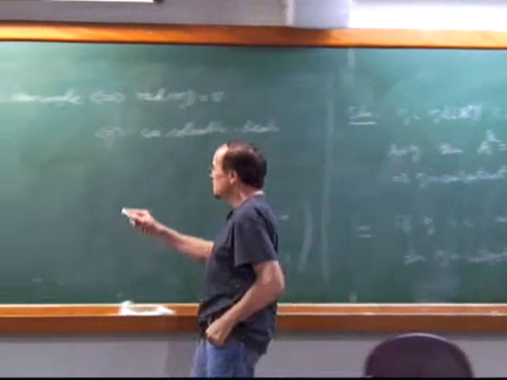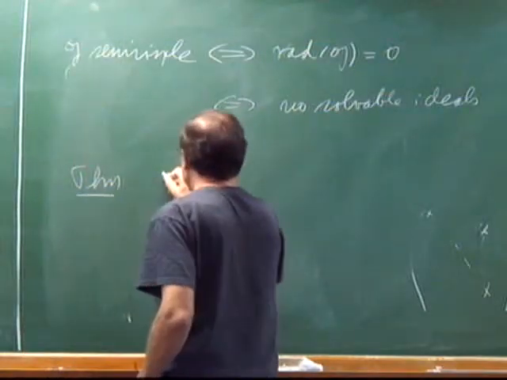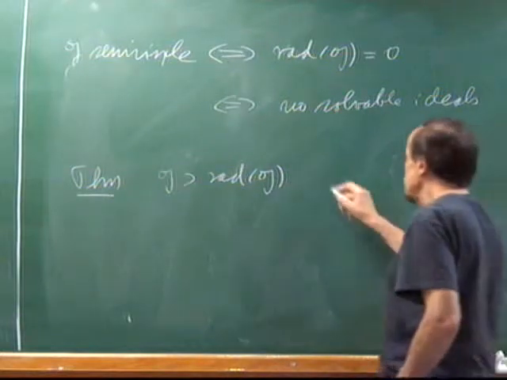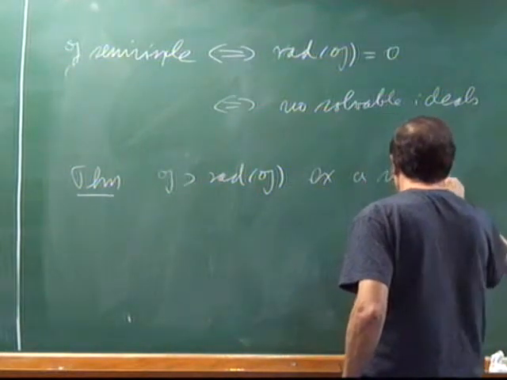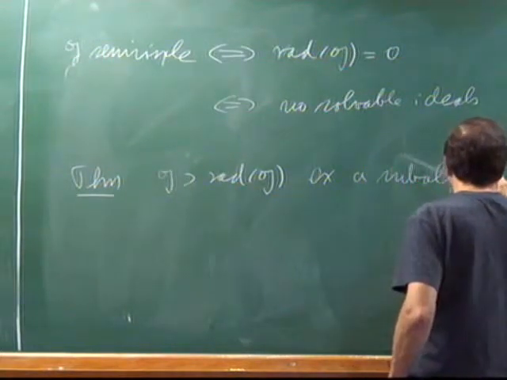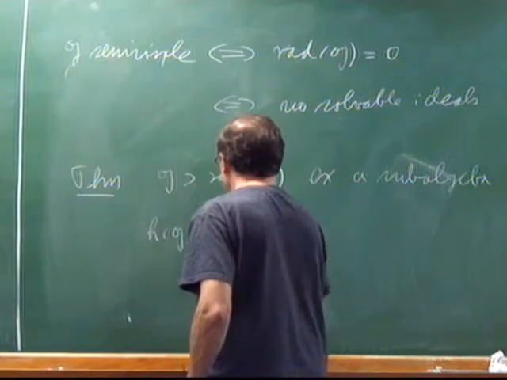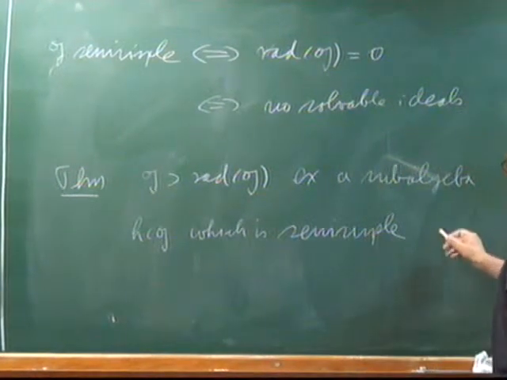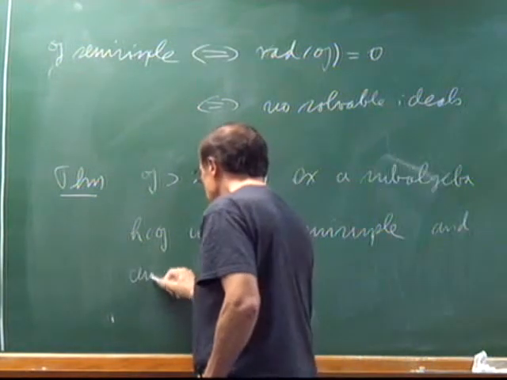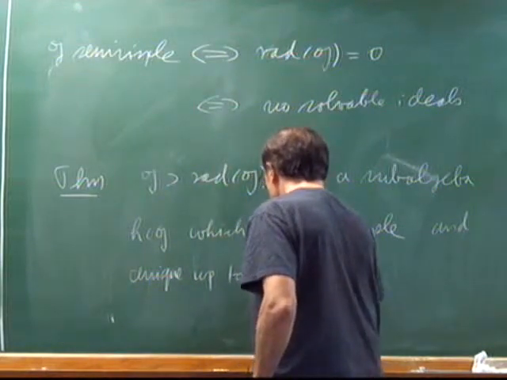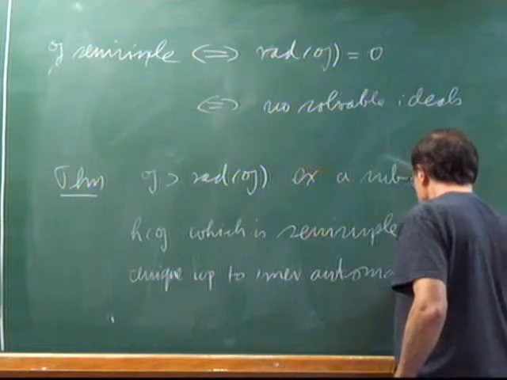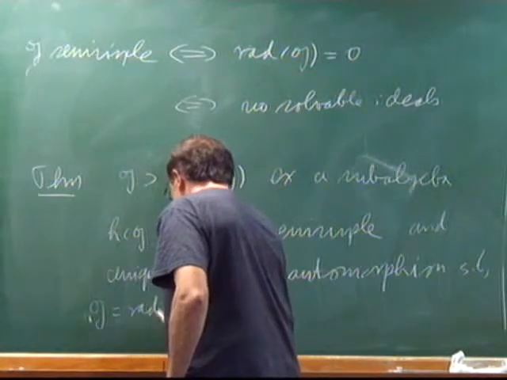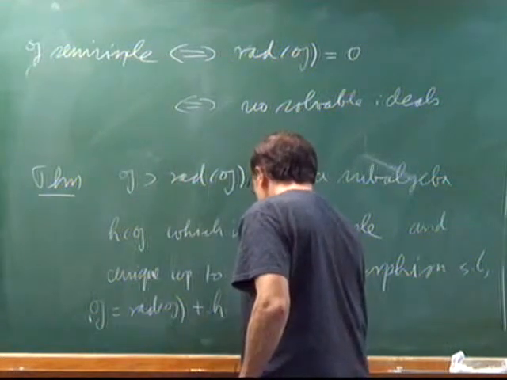Okay. Then there's another theorem that's very useful. Take G any Lie algebra, take the radical inside G, and the claim is there exists a subalgebra H inside G, which is semi-simple in the above sense and unique up to automorphism, such that the Lie algebra G is the sum of the radical plus H, and the intersection is trivial.